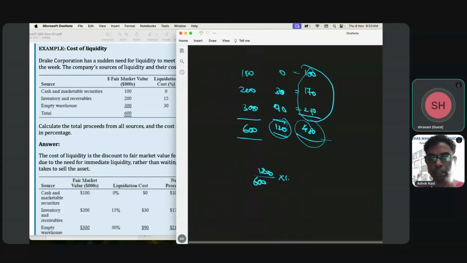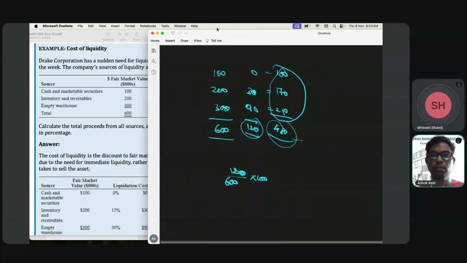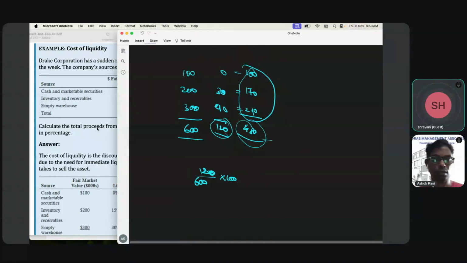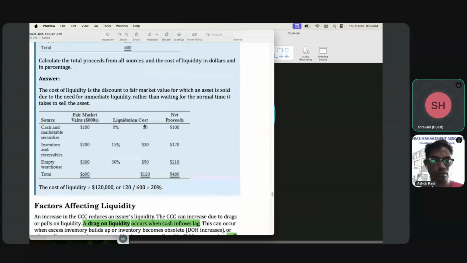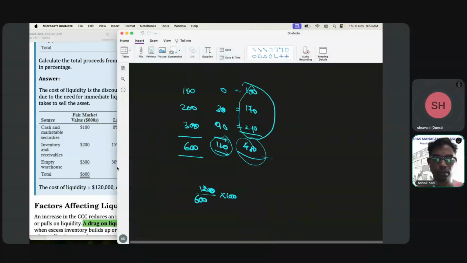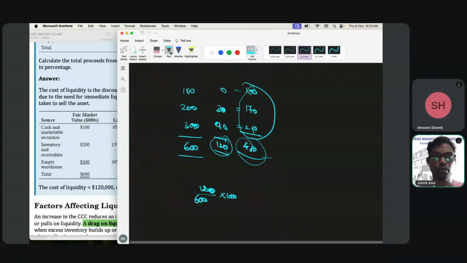Just calculate this into 100. 20%. 120 out of 600 is 20%.